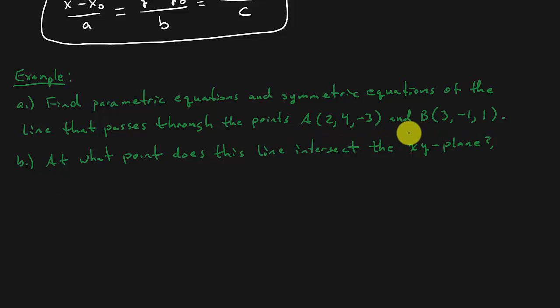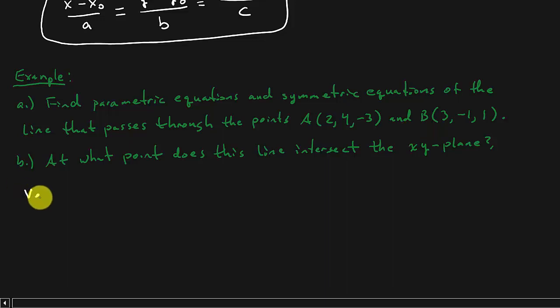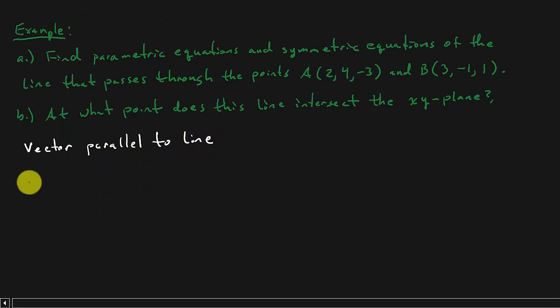We need a vector that's parallel to our line. Well, that would be what? Well, we know those 2 points are on that line, so vector AB would be parallel to our line.